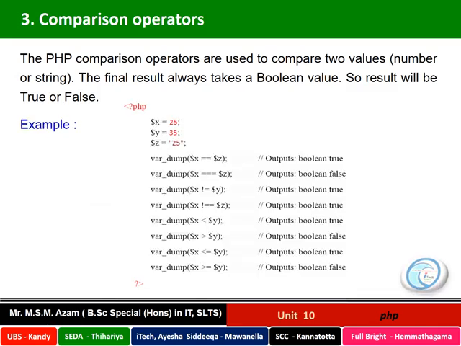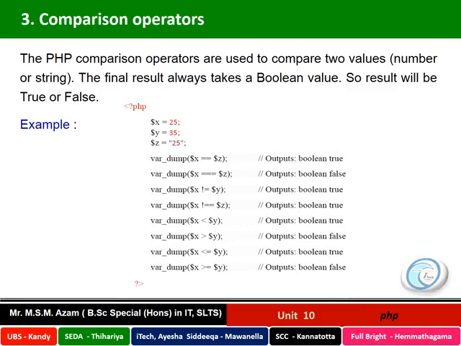See the given examples. Here we have created 3 variables x, y, z and assigned the values 25, 35, 25 respectively. The variable z equals 25, but it's a string variable, the reason being the value is included within double quotation marks.